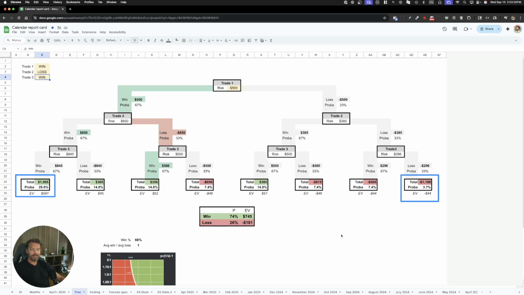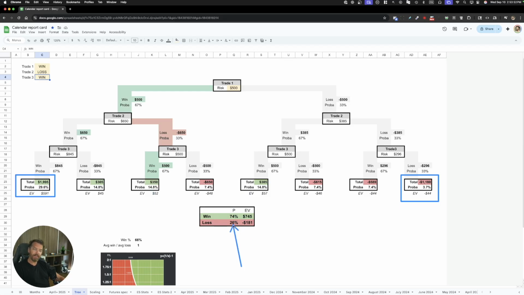So you see, we have created with this probabilistic tree an expected value that is way better on the winning side. You have a 74% chance of ending up with a positive outcome, and only 26% with a negative outcome.